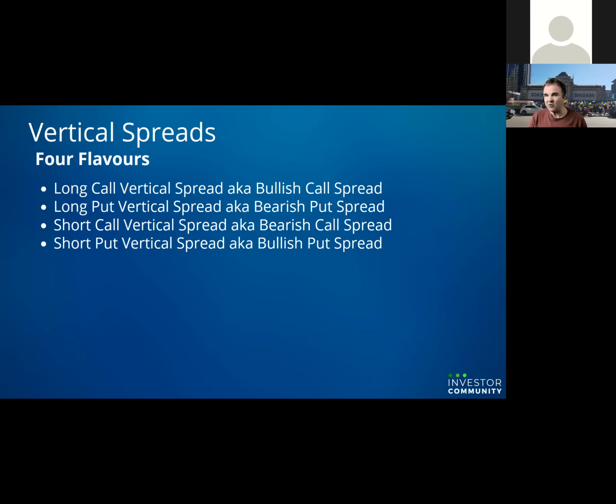You buy calls, you're bullish. The short call vertical spread would be a bearish call spread. We're bearish because we're selling this spread, we're short the spread, so we're bearish on those calls. And the short put vertical spread is also known as a bullish put spread.